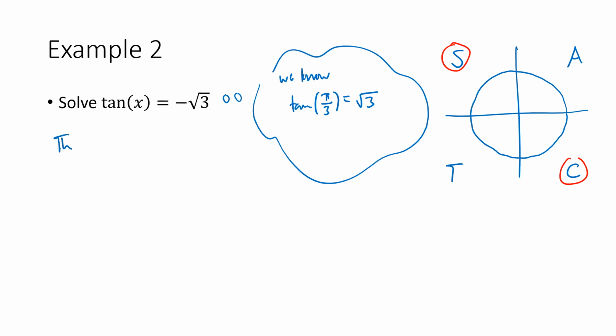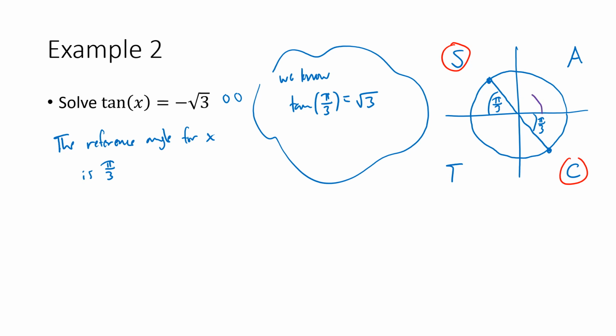So the reference angle for the x that we want is pi over 3. So that gets us a sketch of where this angle lives on that unit circle. We've got an angle over here in quadrant 2 whose reference angle is pi over 3. And we've got an angle down here in quadrant 4 whose reference angle is pi over 3.